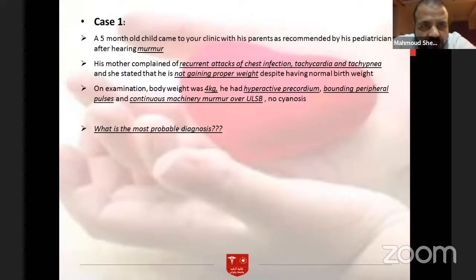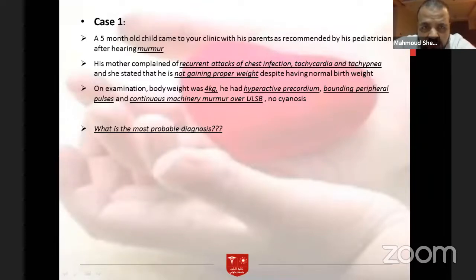As you mentioned, this baby is 5 months old, and he's presenting with significant symptoms of a volume overloading shunt. From the history, he's not gaining weight, and his weight is 4 kilograms. He's having hyperactive precordium, bounding peripheral pulses, and continuous machinery murmur.